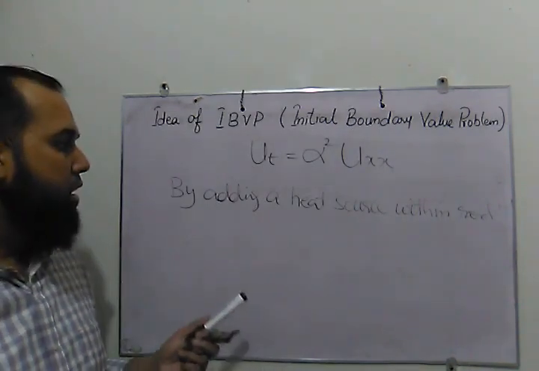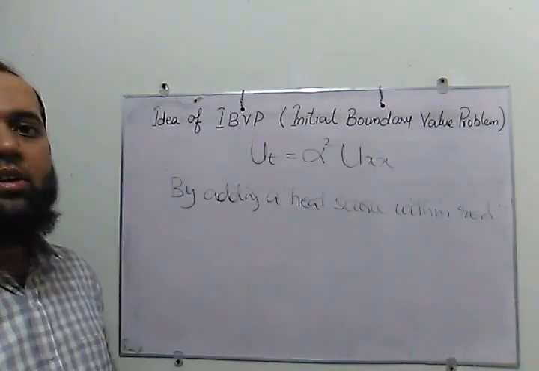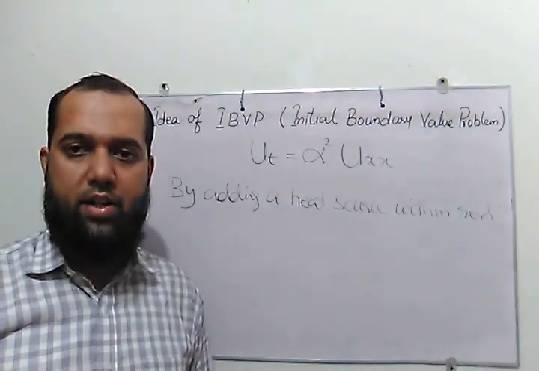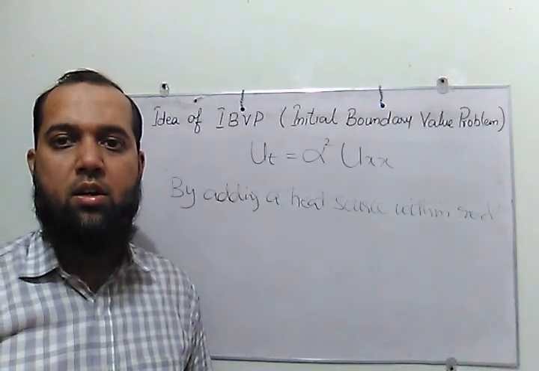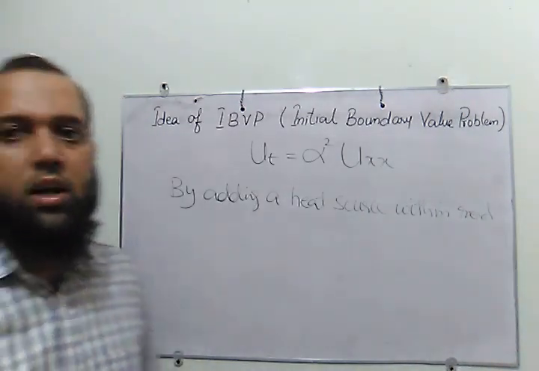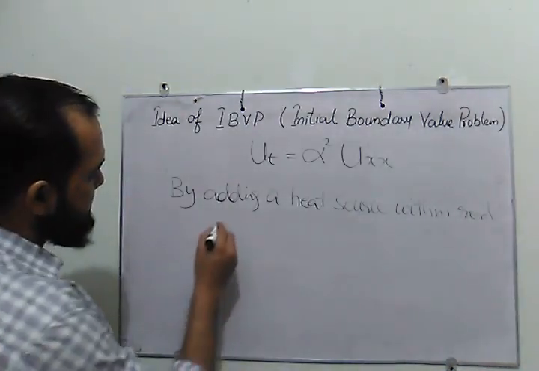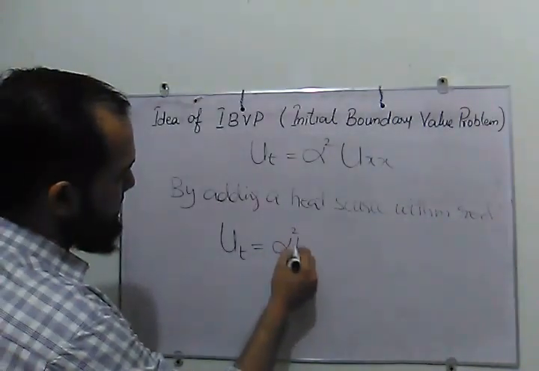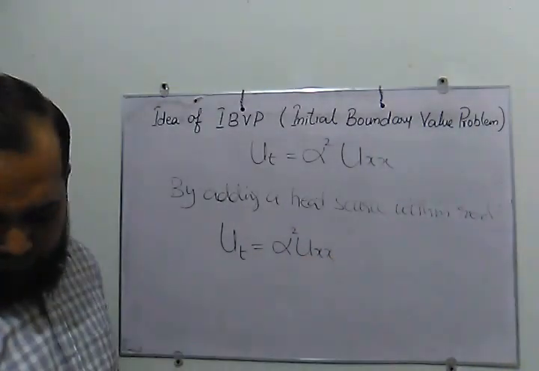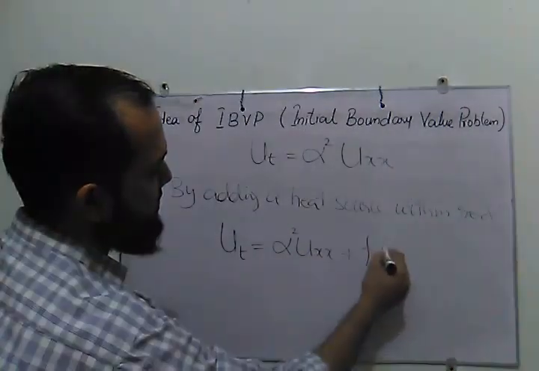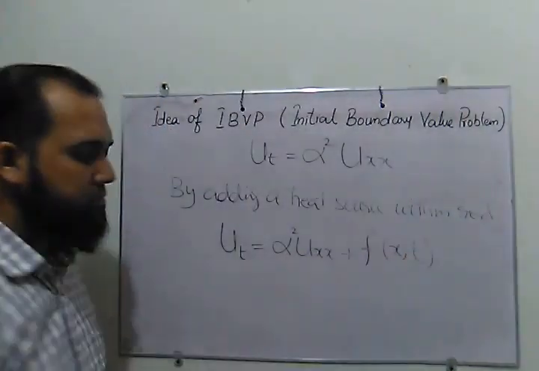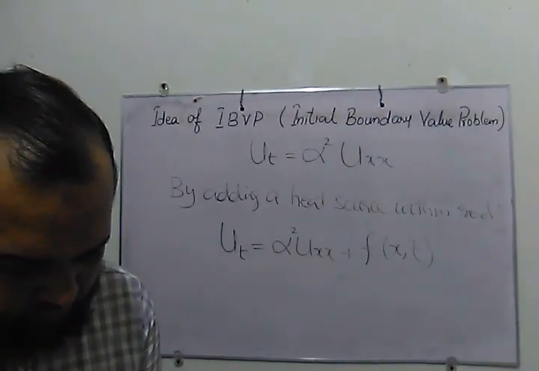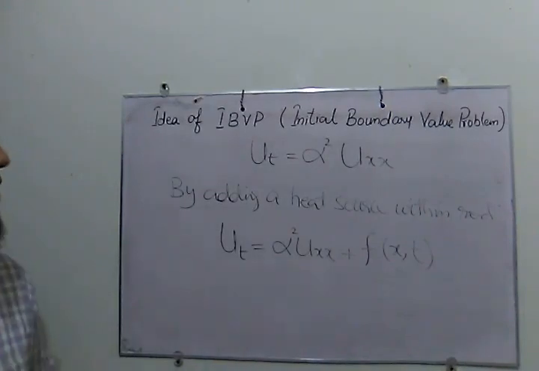In this case, if we are not allowing heat flow in the lateral direction and we are allowing heat flow in only one direction but with generation of heat within the rod, then the partial differential equation becomes as follows.